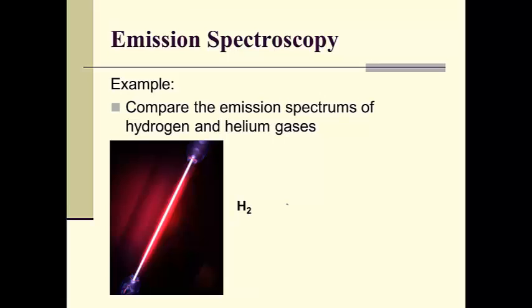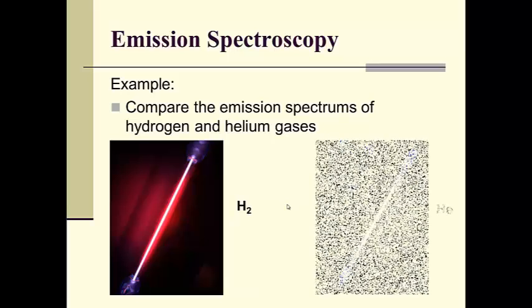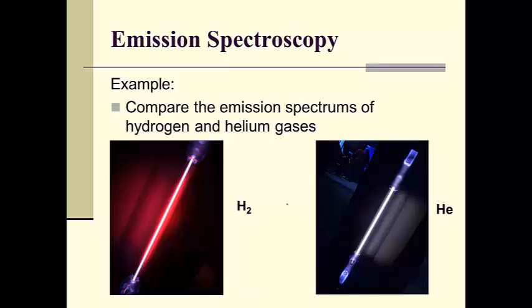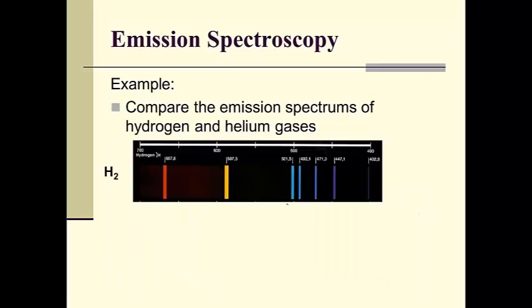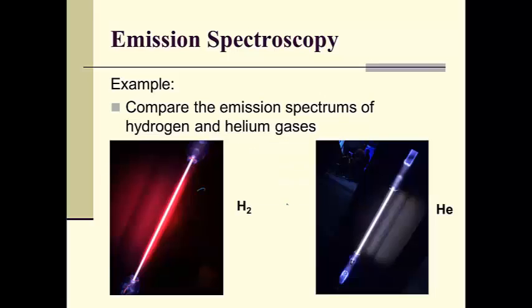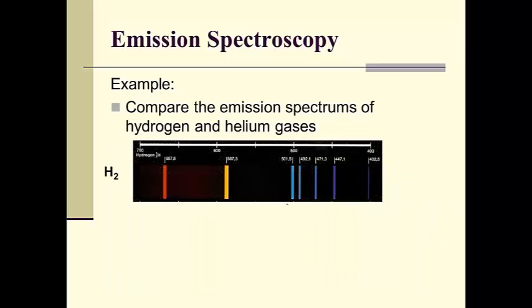Hydrogen gas has kind of a pinkish color to it. Helium has more of a bluish, almost white color to it. If you were to take this color and run it through a prism, you would see colors that look like this.